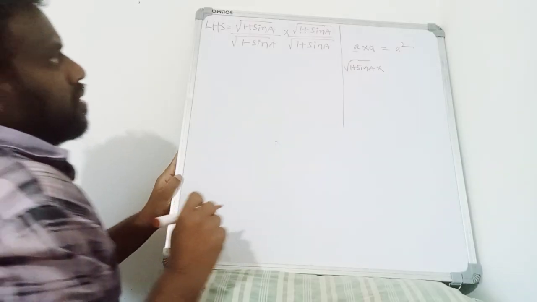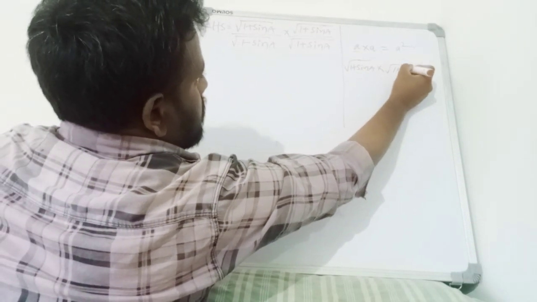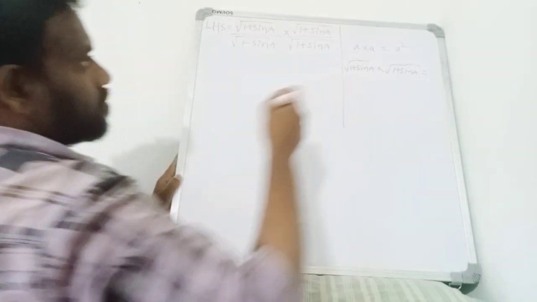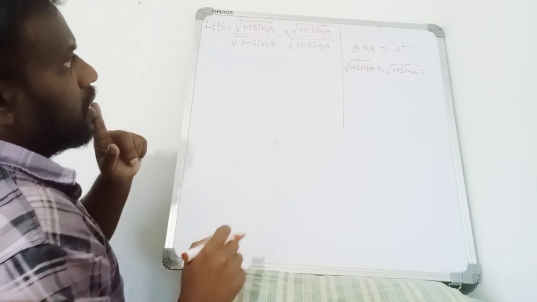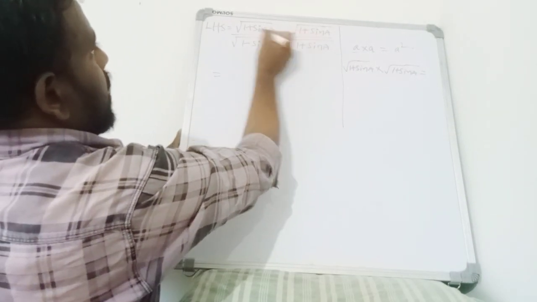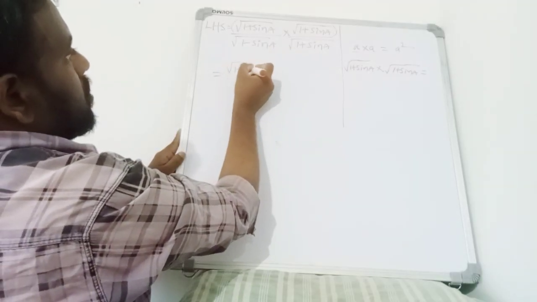Into, again A means this only, square root of 1 plus sin A. That is equal to, before row, see, first row, here into is there. I will multiply these two separately. Like this, I will write first.